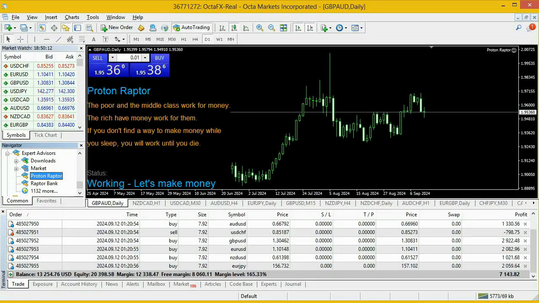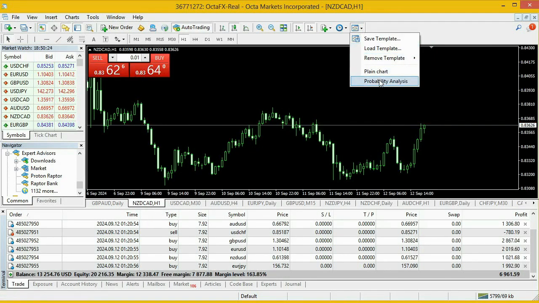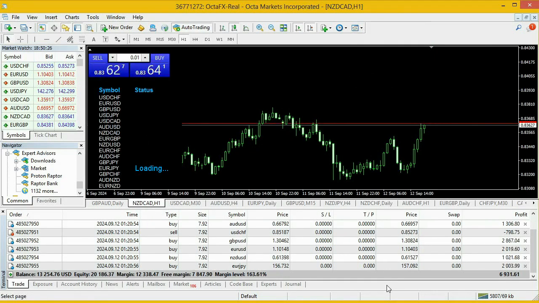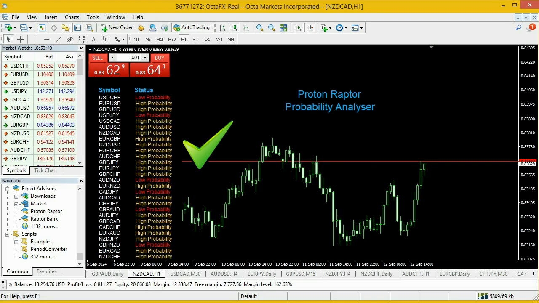A little over 18 hours into the trades, this is where we are. Again, these are all the trades. We check our success probability analyzer again. Everything is still good, so we leave things as they are.